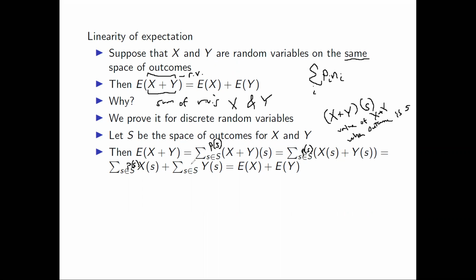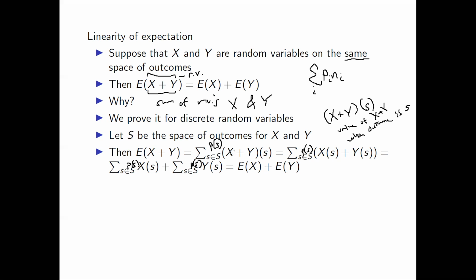So there, we're just using our definition of expectation. The second definition: we just take the probability of each outcome times the value of our random variable when that outcome happens. So P of s times X plus Y of s.